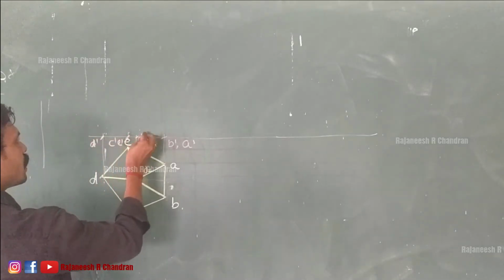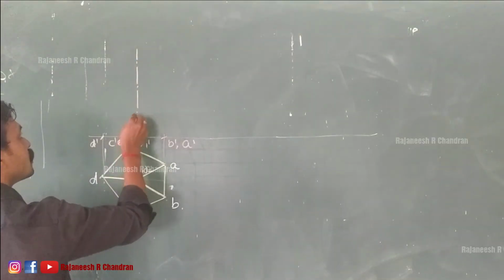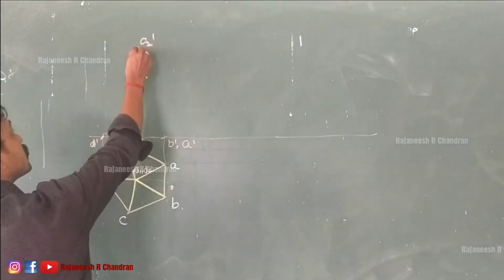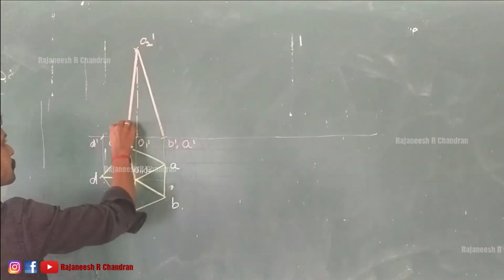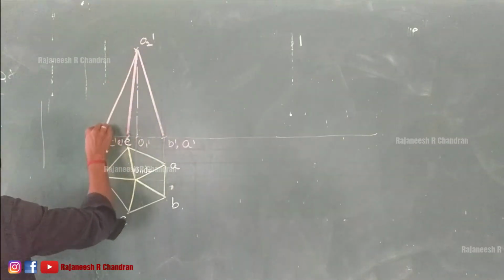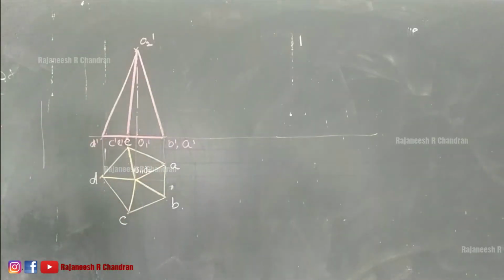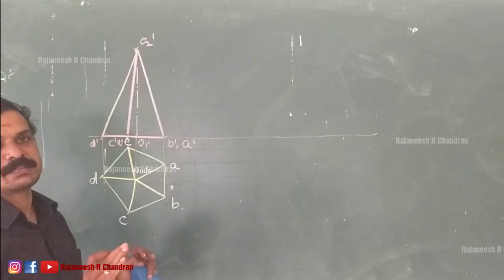Here it will be O dash, at the height of 60. At the height of 60, you can see O dash. So complete the front view, and the axis. So the simple position has been completed.